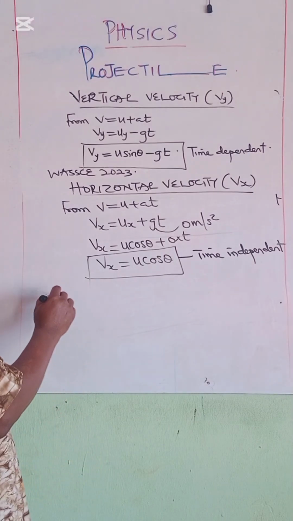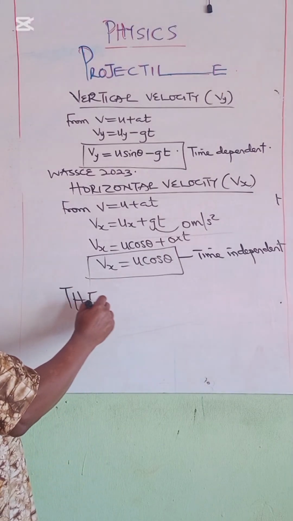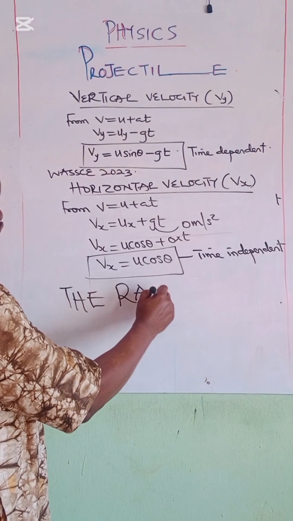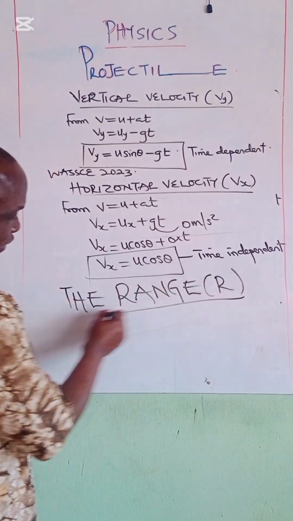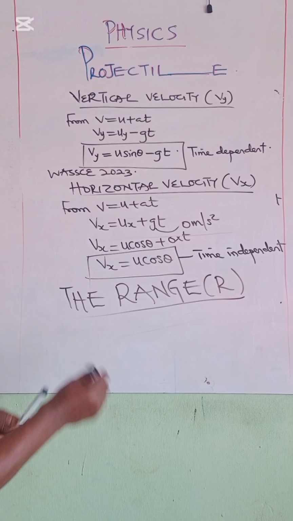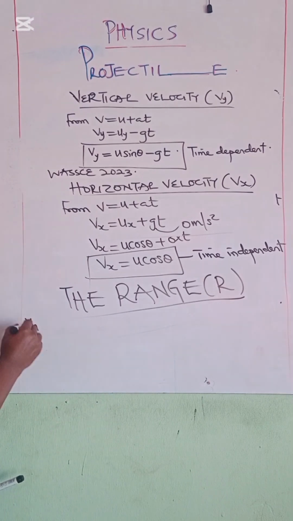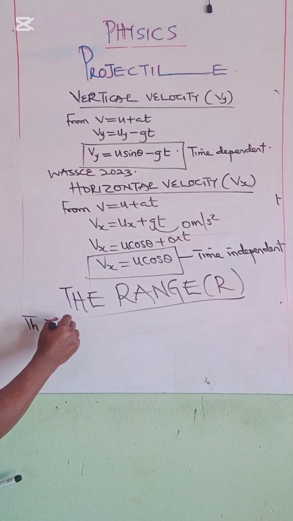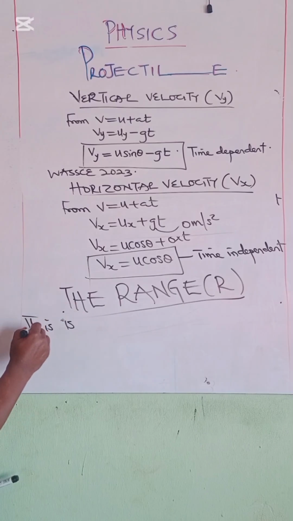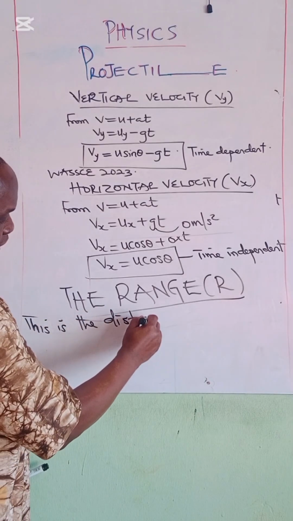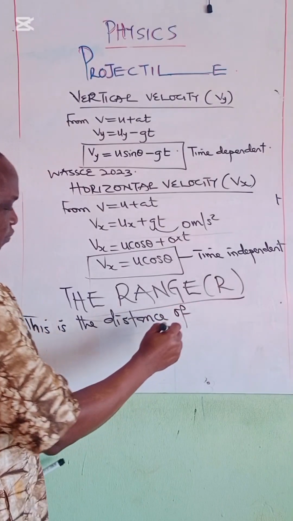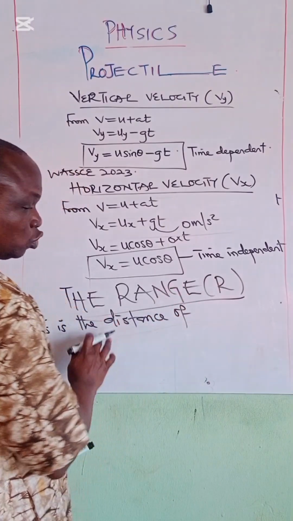Immediately after that, we move to the range, the range of a projectile. We have given the definition. This is the horizontal distance.